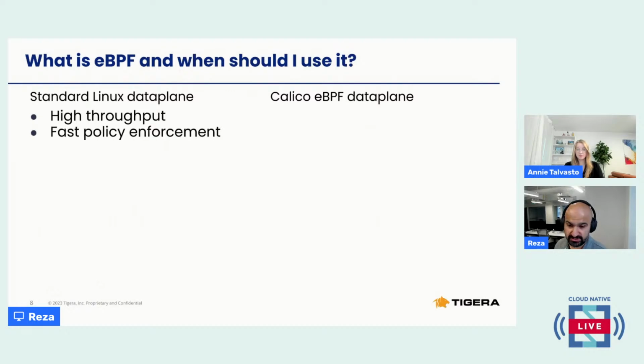Policy enforcement is very fast, and Kubernetes services are fast in it. It is flexible, and you can change its behavior very easily. The best part about standard data plane is that anyone can change its behavior to some extent.